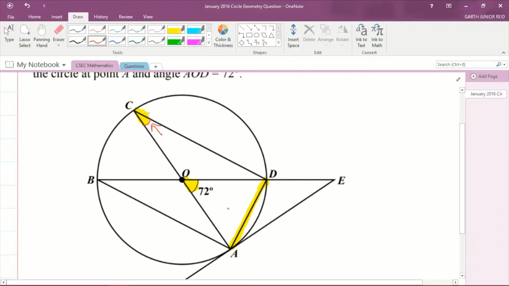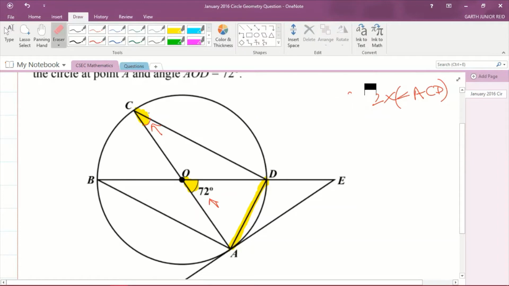Now clearly you see that these 2 angles stand on the same chord, right? AD is the chord that we're speaking about. So if 2 angles stand on the same chord, then the angle at the center, which is the 72 degrees, is going to be 2 times the angle at the circumference, which is what we want, right? That is angle ACD, all right? And that is the equation that I'll be using to find the angle ACD.